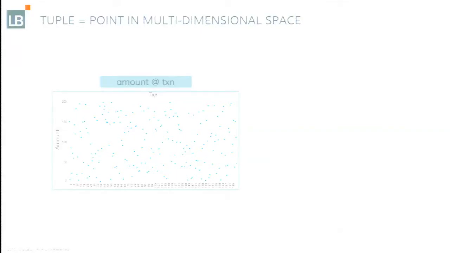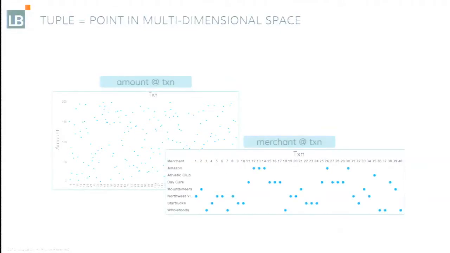So if you see a point here, that means I have a tuple for transaction 59 for the amount 120-ish. Similarly, for discrete valued relations, there are also points in a multidimensional space. This is merchant at transaction. So if I have a dot here, that means I have a tuple for transaction 12, merchant Amazon in that relation.